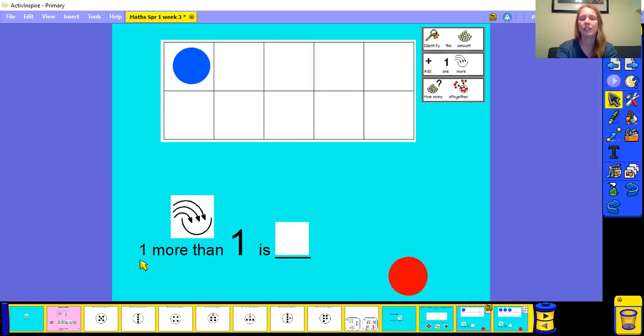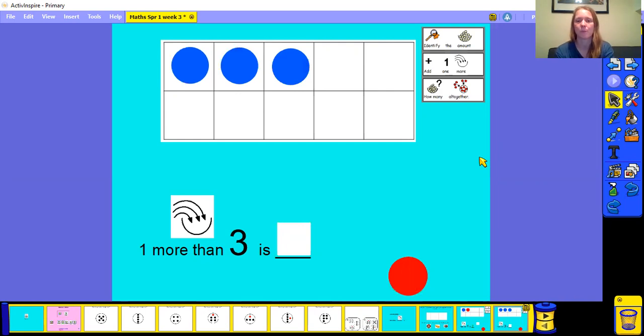But now I need one more. Here's my one more, one red counter. 1 more than 1 is, to work out how many I have now, I need to count how many I have all together. 1, 2. I have 2 counters. 1 more than 1 is 2.